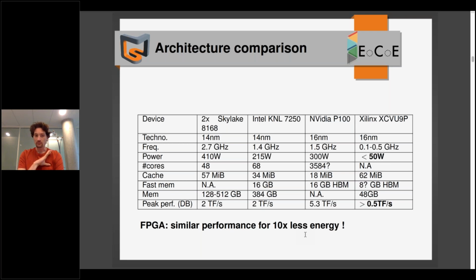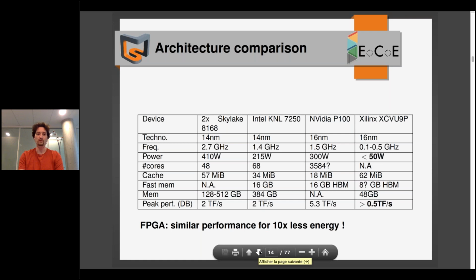So this kind of hardware device is interesting, at least. That's the idea we want to follow: to see how far we can go with scientific workloads on this kind of chip, because there is a potential of having similar performance for 10 times less energy.